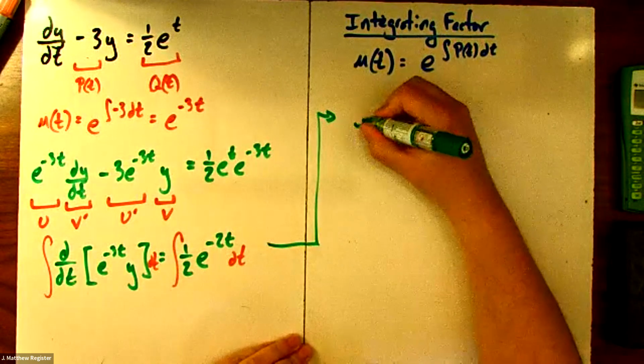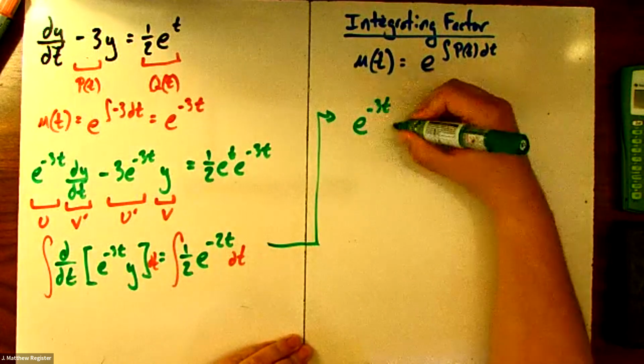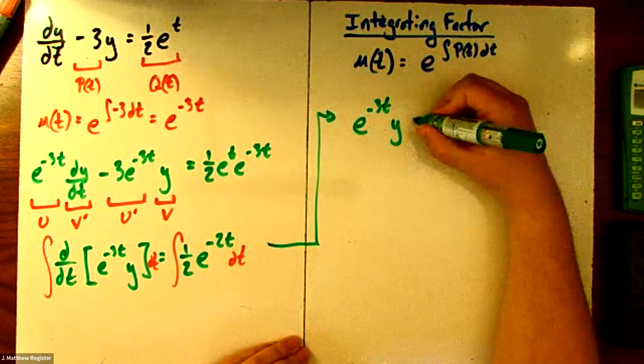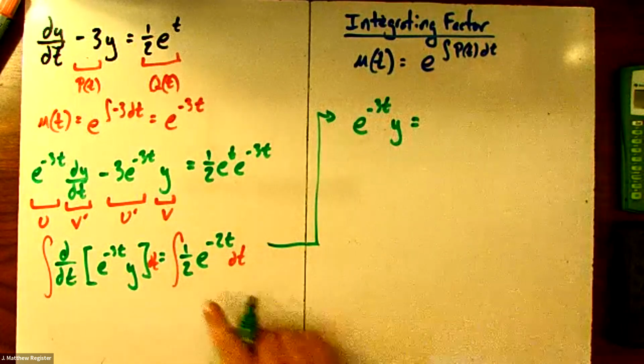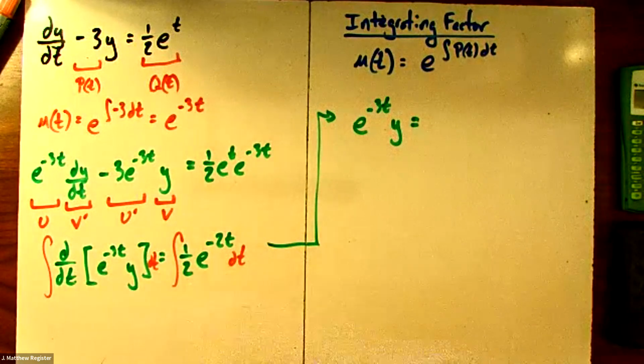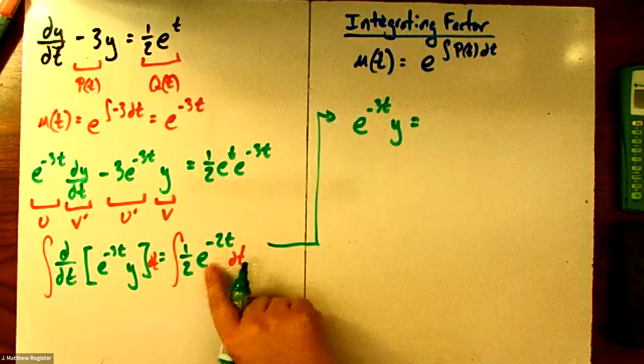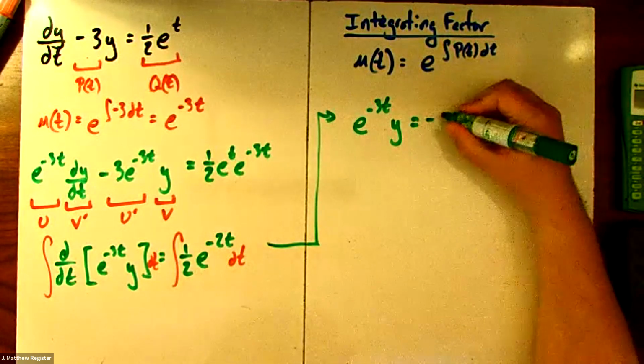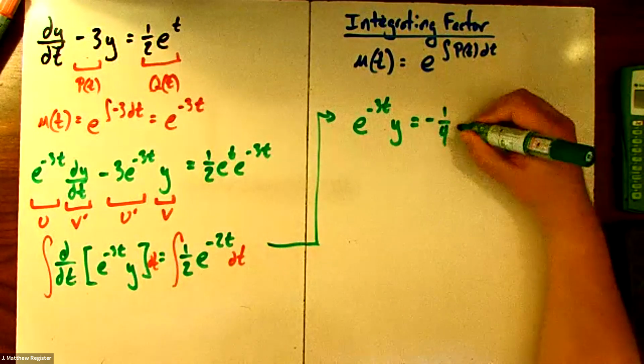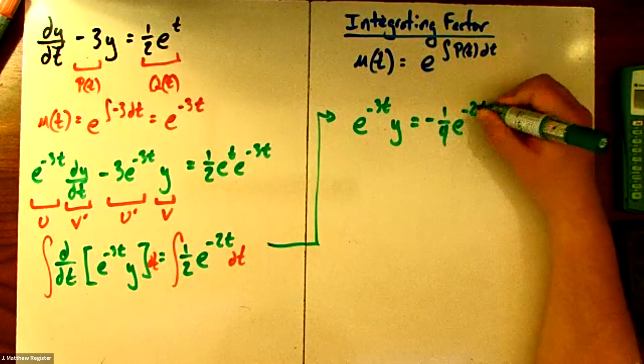So we're left with e to the -3t times y. On the right side, well, the integral of e to the -2t is going to have a -1/2 come out. So we should get a -1/4 e to the -2t.